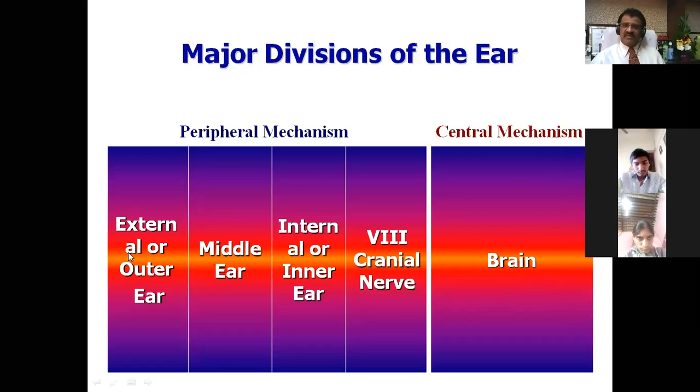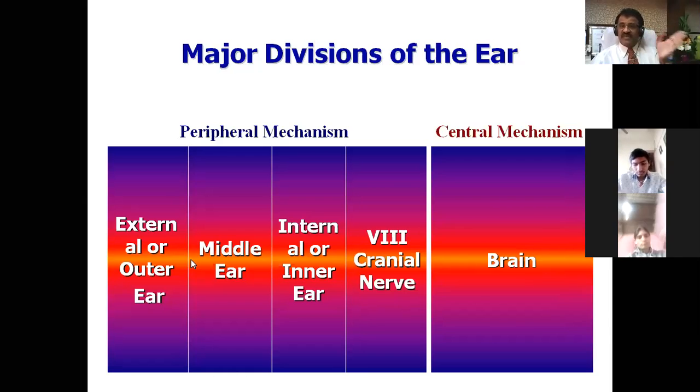We have to study the peripheral mechanism as far as anatomy of ear is concerned. The ear is basically divided into three parts: external ear, middle ear, and internal ear. But sometimes a fourth part, which lies between the ear and the brain, is the nerve connecting the ear to the brain. The nerve carrying the hearing sensation to the brain is the eighth cranial nerve, the vestibulocochlear nerve, and the cochlear part is required for hearing. It has two functions, vestibular and cochlear.